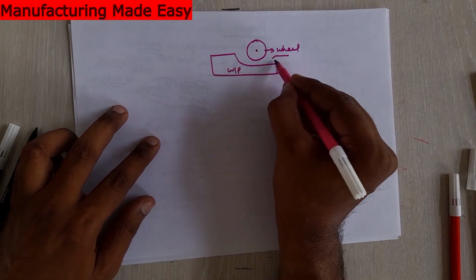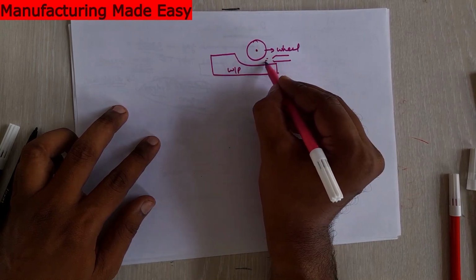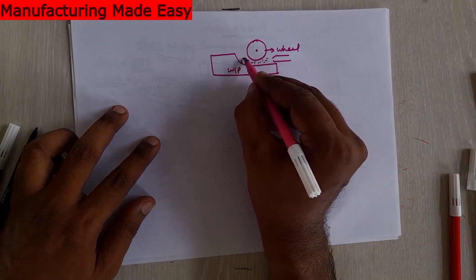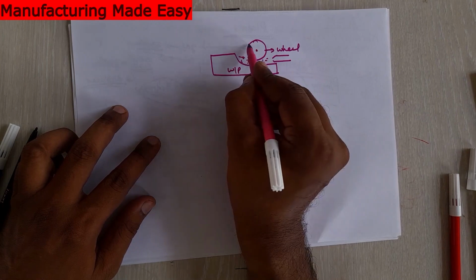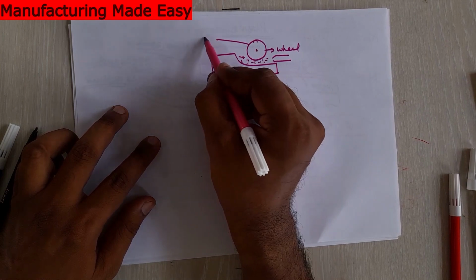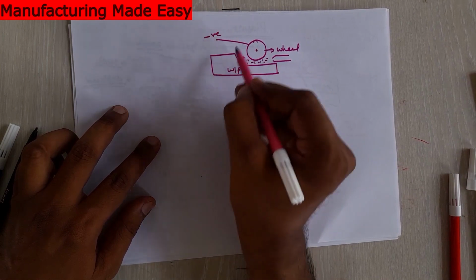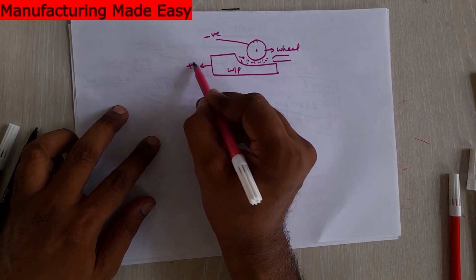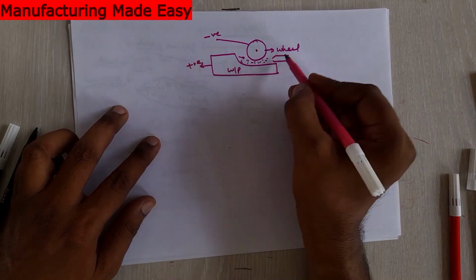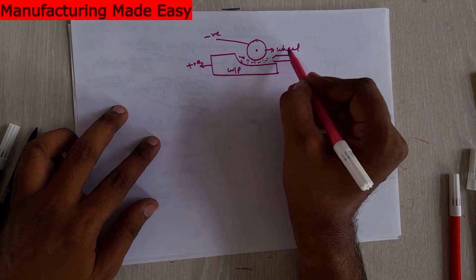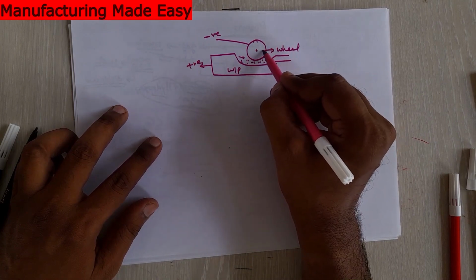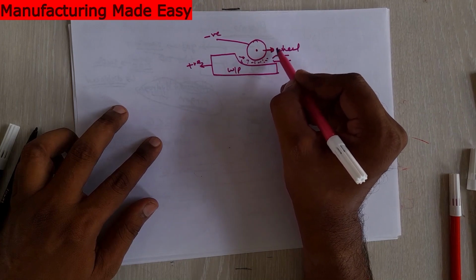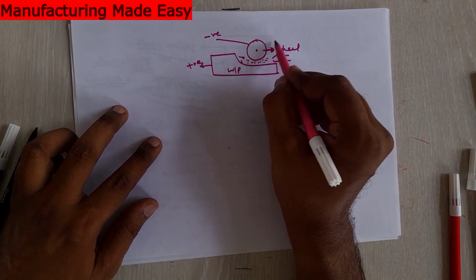There is a nozzle through which the electrolyte flows in between the wheel and workpiece. The wheel is connected to the negative terminal and the workpiece to the positive terminal. The wheel has a metal bonded structure, also comprising non-conductive abrasive.